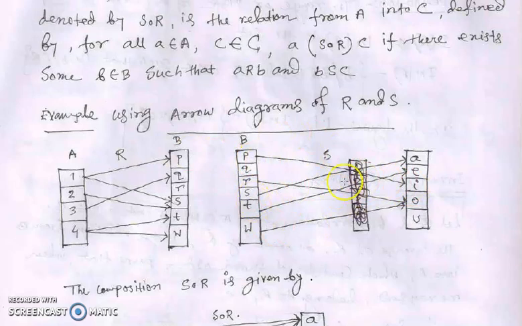Therefore, if we make a composite relation, here we write S composed R, then 1 is R related to P, P is S related to I. So 1 is S composed R related to I. So here we make the diagram.